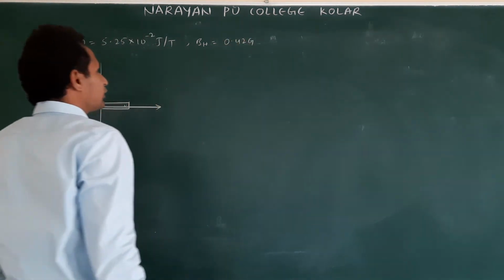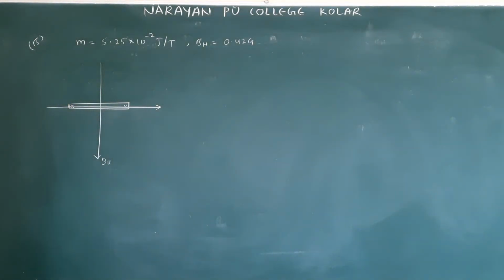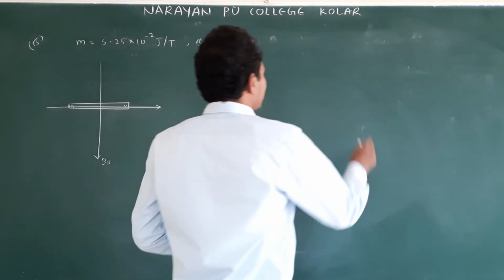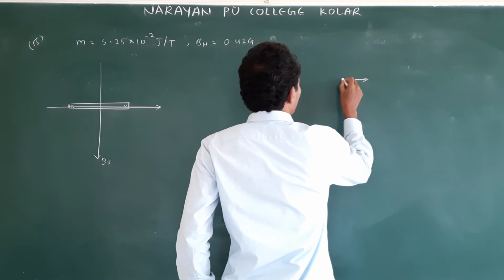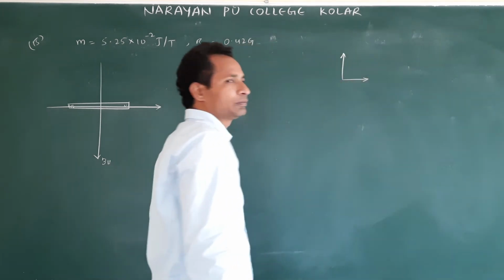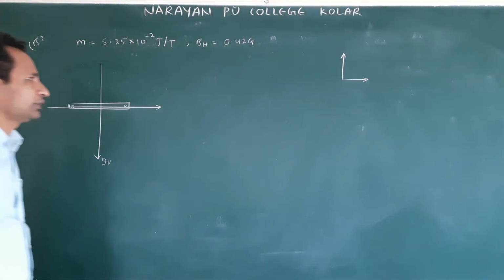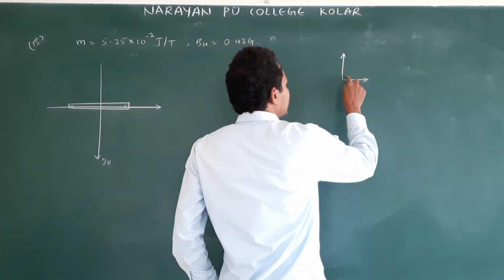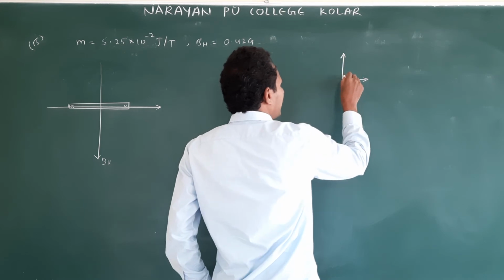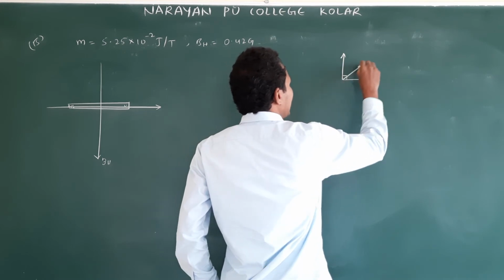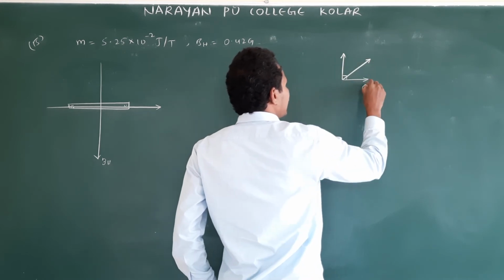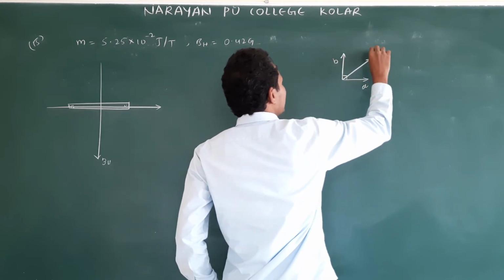0.42 Gauss. So we already discussed, if two vectors are equal in magnitude and acting perpendicular, then the resultant lies between them. Let this be A, this be B, and this the resultant.